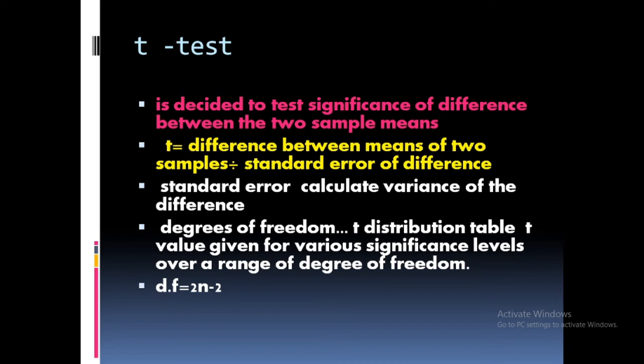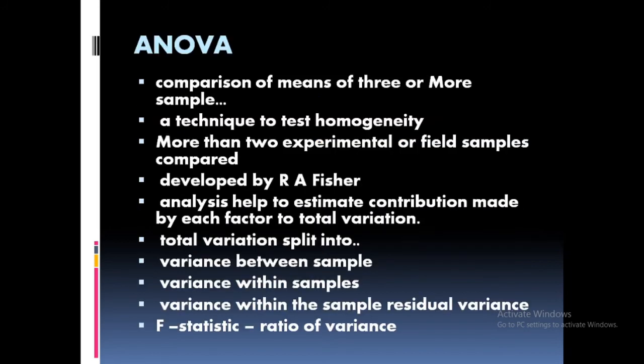Now, the next important test of significance is what? ANOVA. We usually conduct ANOVA for comparing means of 3 or more samples, including the variation in each sample.